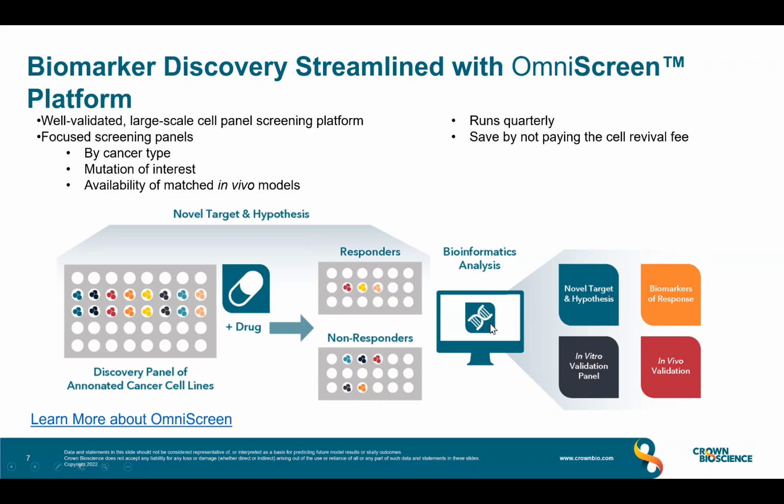Then via comprehensive bioinformatics analysis, combining efficacy data with genomic information of baseline cell lines, we are able to identify novel targets and hypotheses of the drug MOA, and also predictive biomarkers, which can be used for further in vitro and in vivo validation.